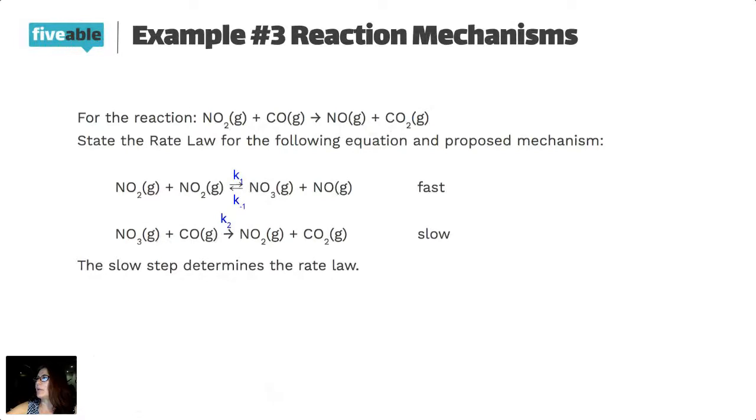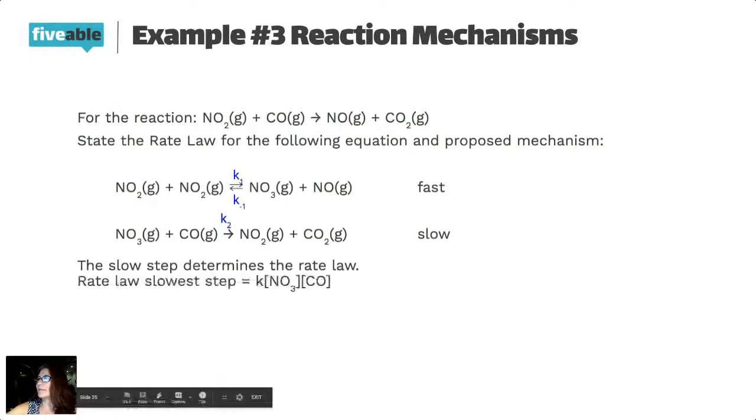We also have to remember that the slow step determines the rate law. This is the slow step, right? The problem is that the slow step has an intermediate. So we need to use the other reaction to figure out a way to substitute for NO3.